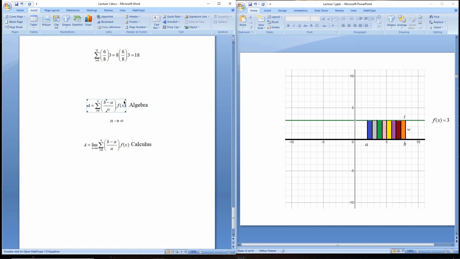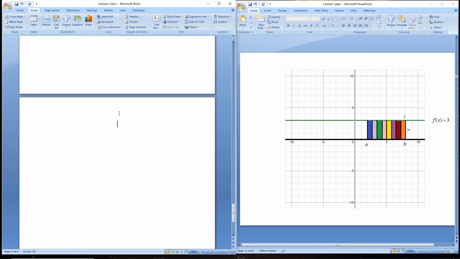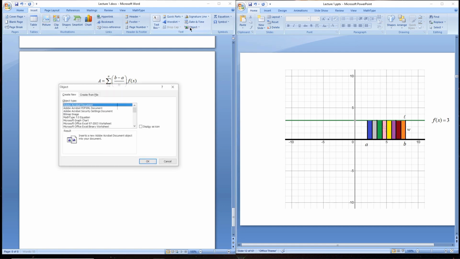So we have our algebra expression. Here it is. And a common thing to do, and all math books pretty much do this, is to redefine this b minus a over n.